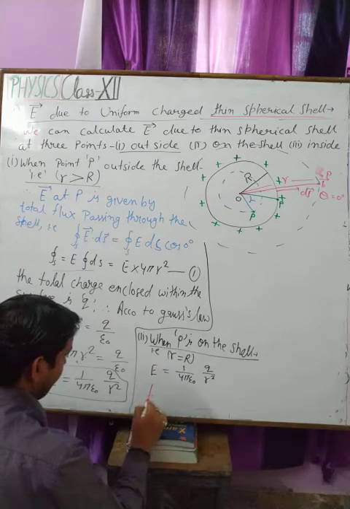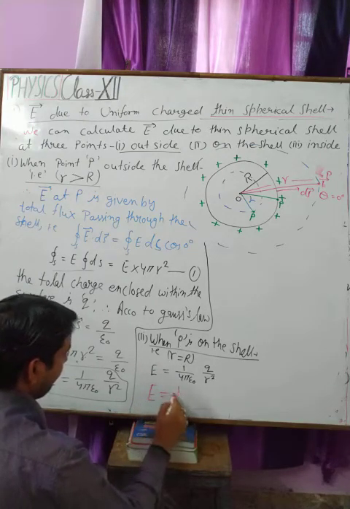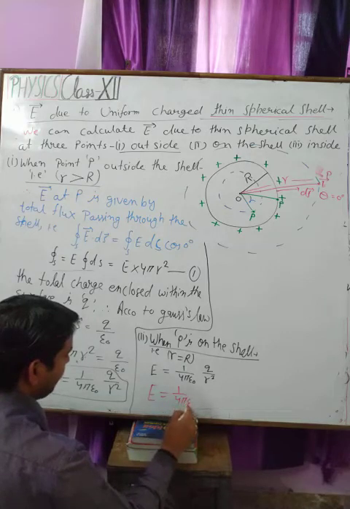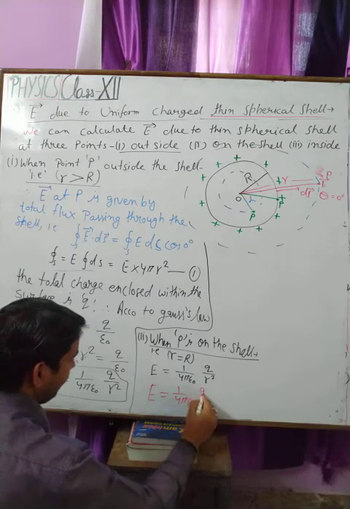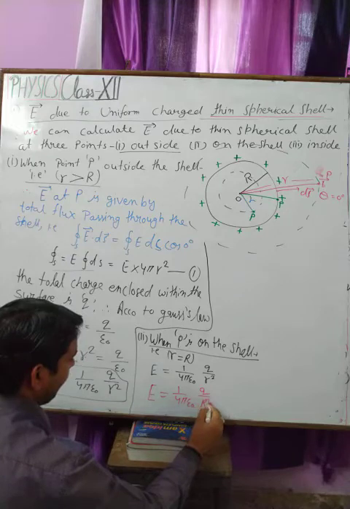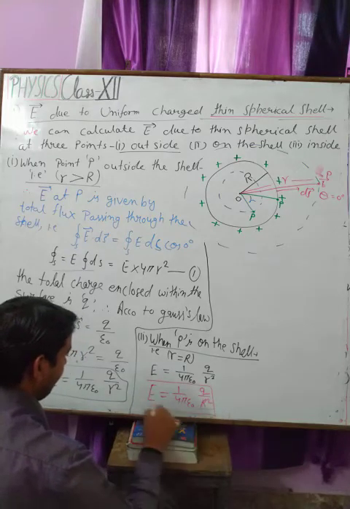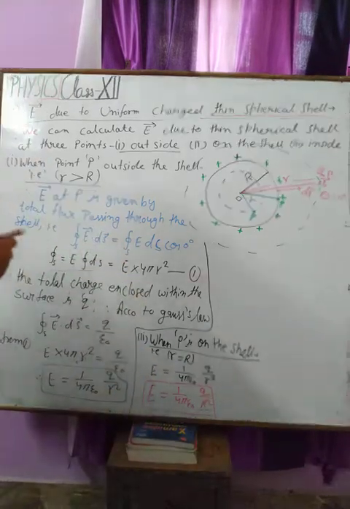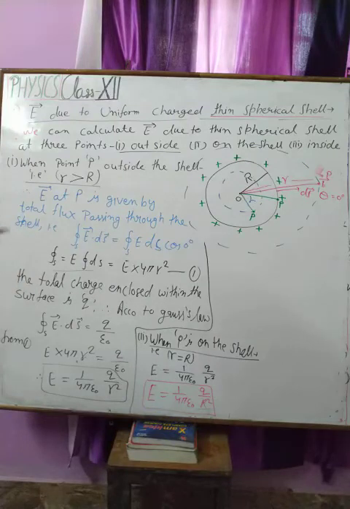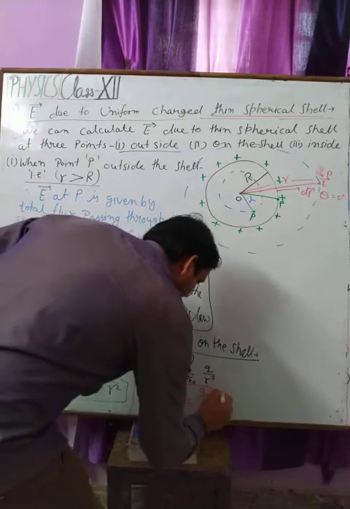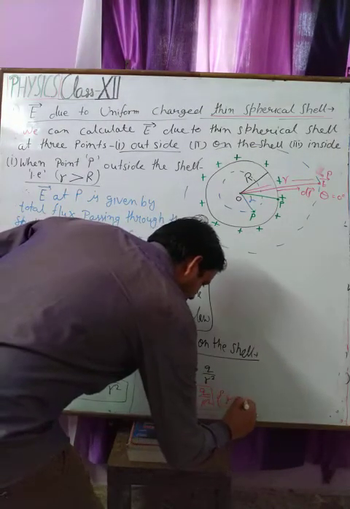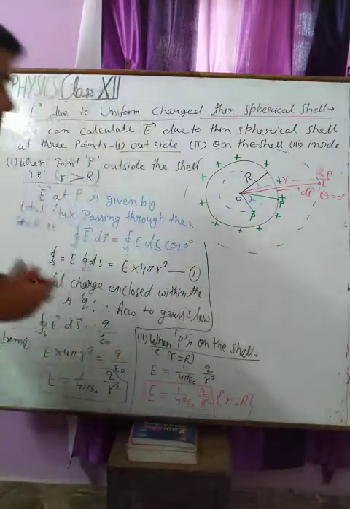That is, E is equal to 1 upon 4 pi epsilon naught, Q upon capital R square. This is the electric field on the surface of the thin shell, where small r is equal to capital R.